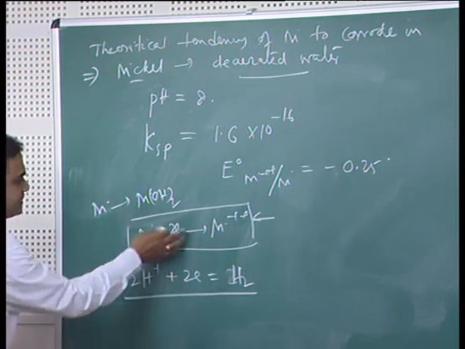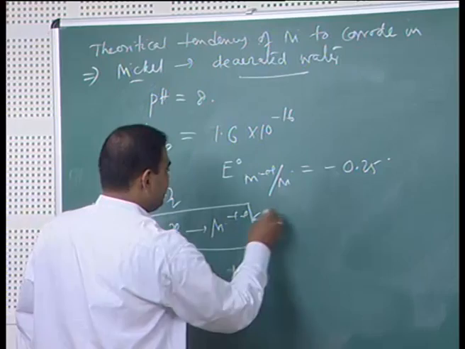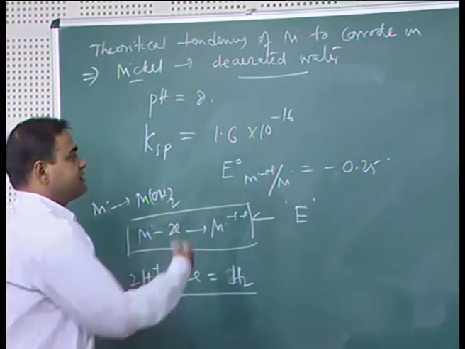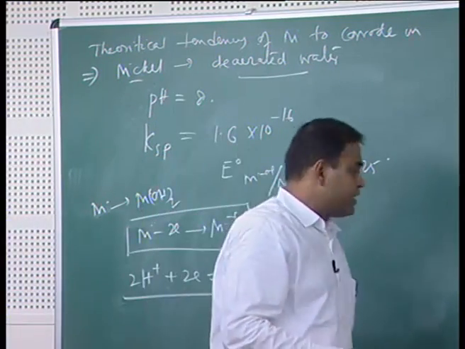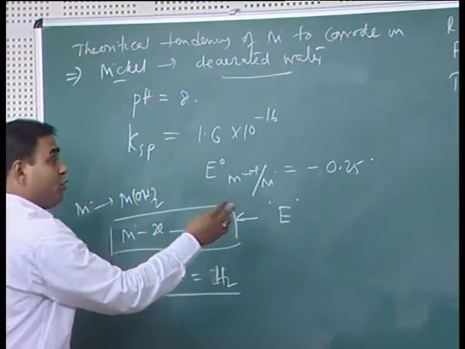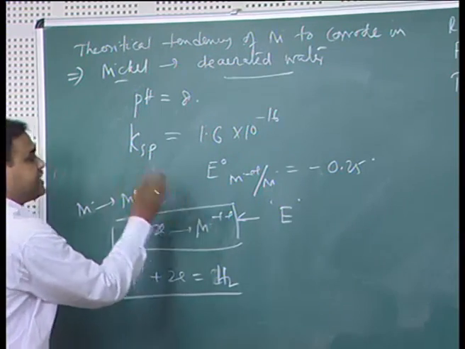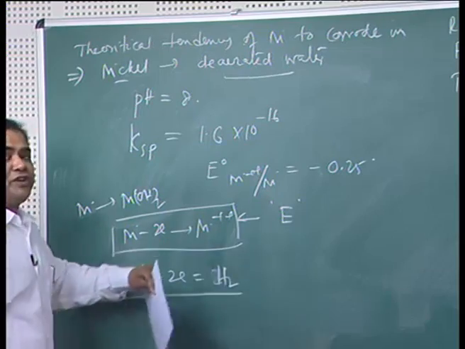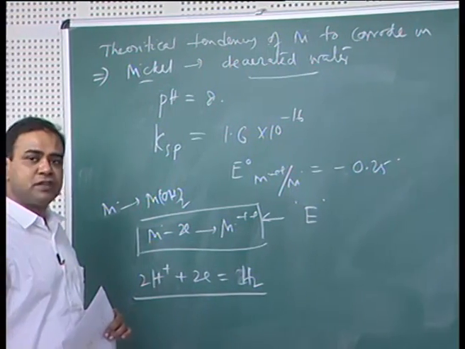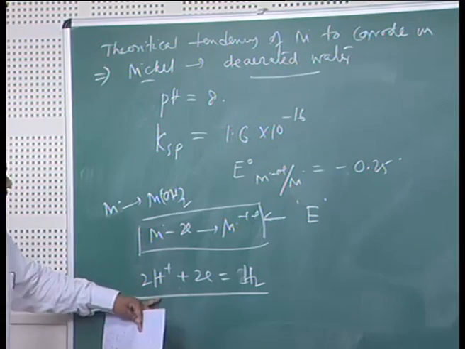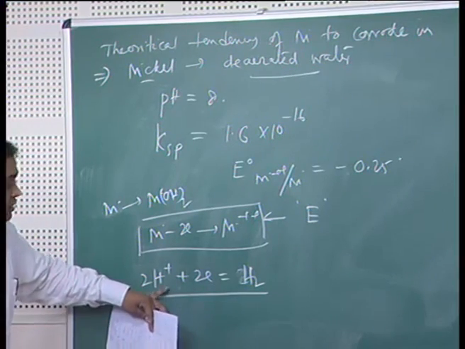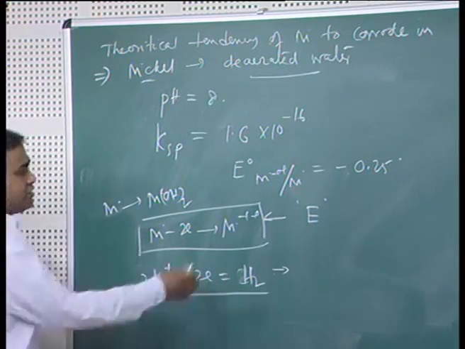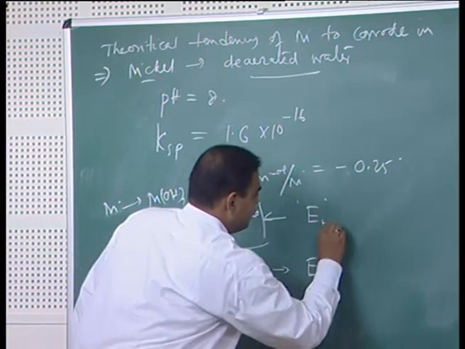So if these are the 2 reactions, in this case we have to find out what is the potential. Just like the previous example, we have to find out the potential which will be dependent on the nickel ion concentration in the solution. So for that we need to find out what is the nickel ion concentration in the solution. Same way we need to also find out what would be the potential for this, because this is also a reduction process.